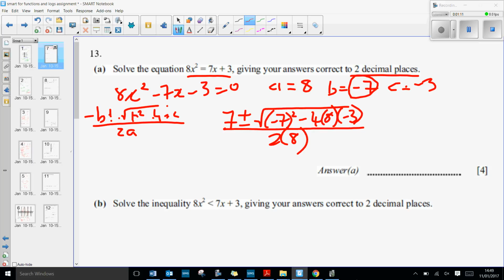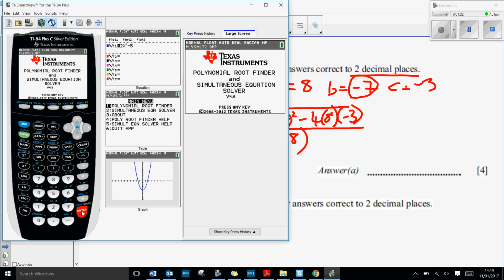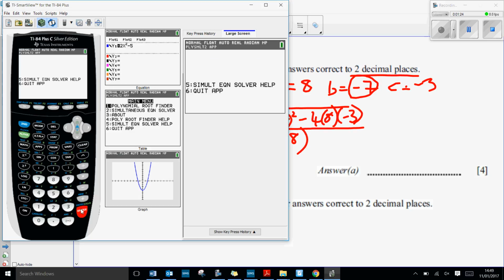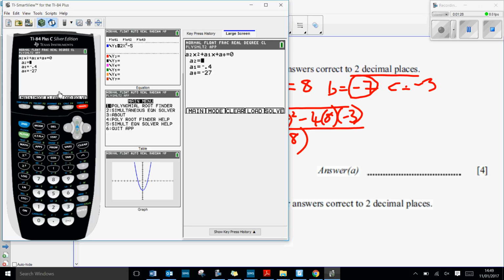So go to Apps, Polysmart 2, and we're Poly Root Finder. That normally doesn't need to change, and we just input our numbers.